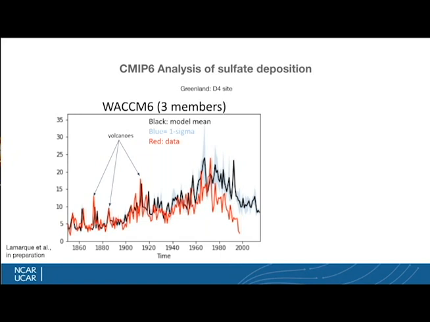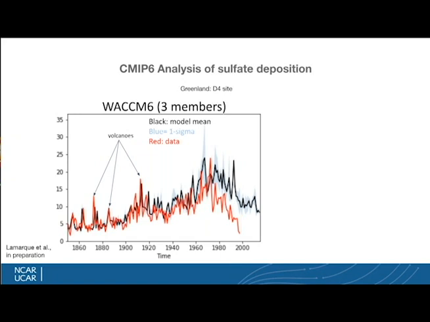Here is a slightly different representation than the previous slide, but the data are still in red, as a line. The model here is in black with the blue shade, which I'm hoping you can see well enough, is the 1 sigma, and it's only 3 ensemble members for this analysis.